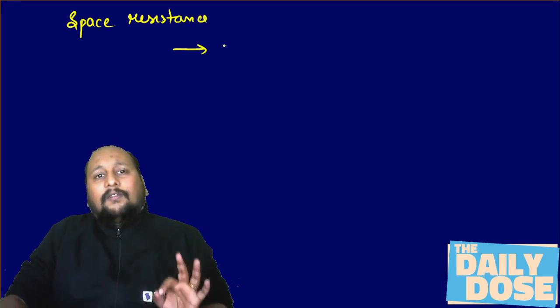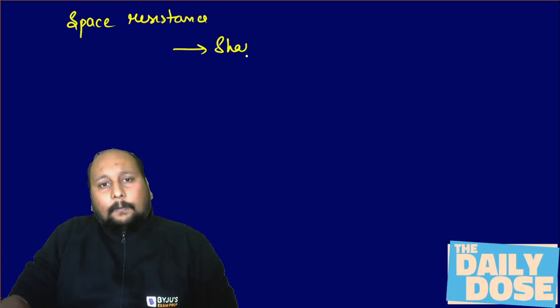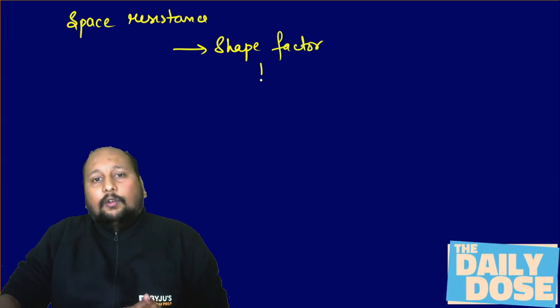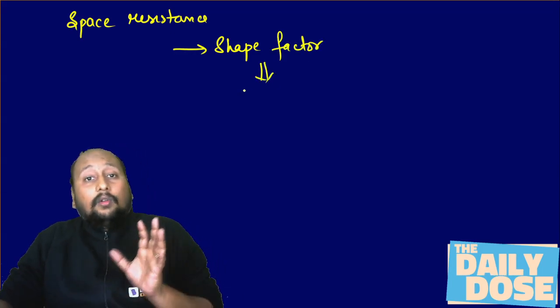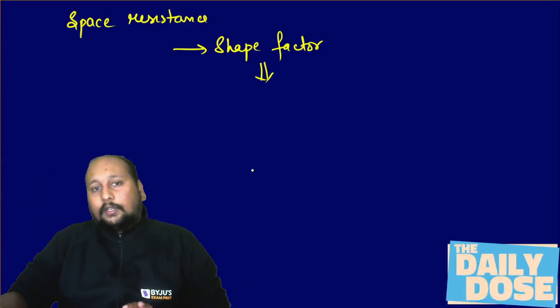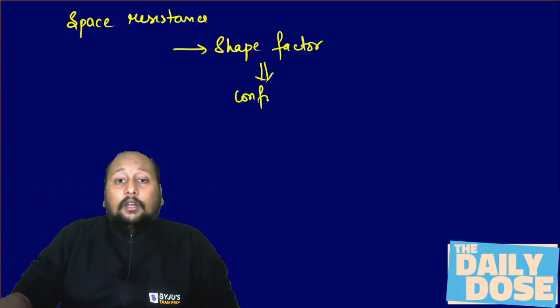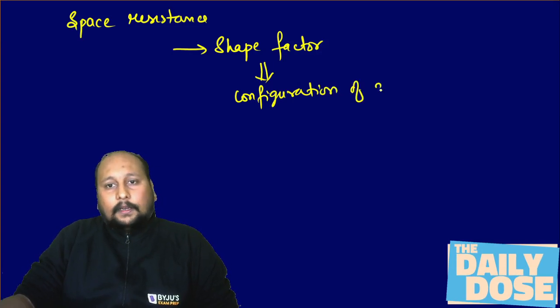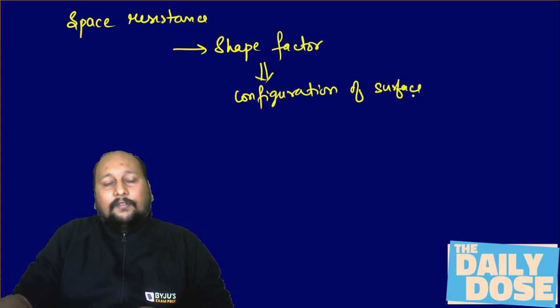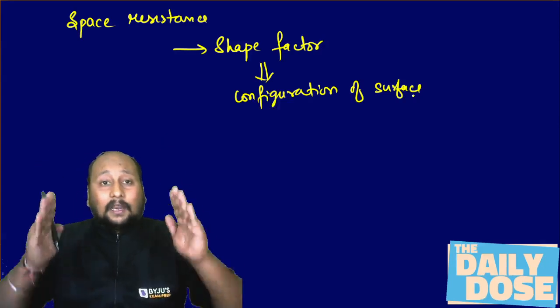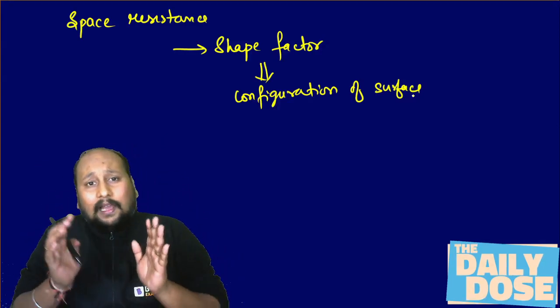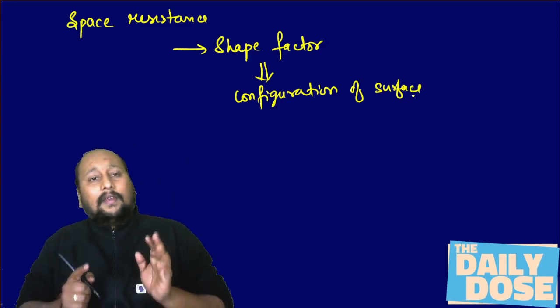Talking about the space resistance, it depends upon one very important factor, that is we call it the shape factor. Okay, it depends upon the shape factor, and definitely we know that shape factor depends upon how the surfaces are inclined to each other, or we can say what is the configuration of the surfaces, right? That means, are the surfaces kept parallel or are they kept at an incline? Are we having a curved surface or a straight surface?